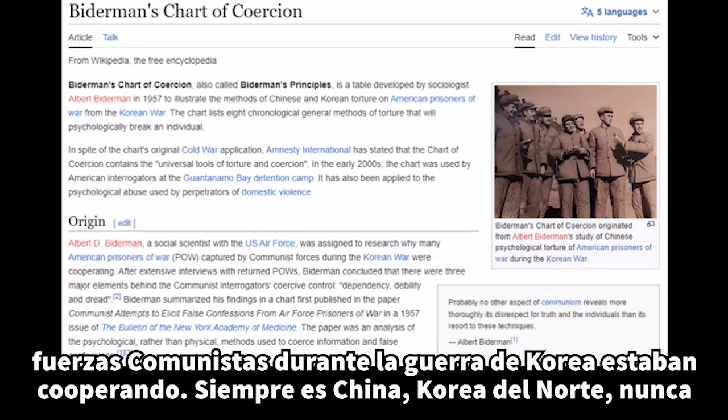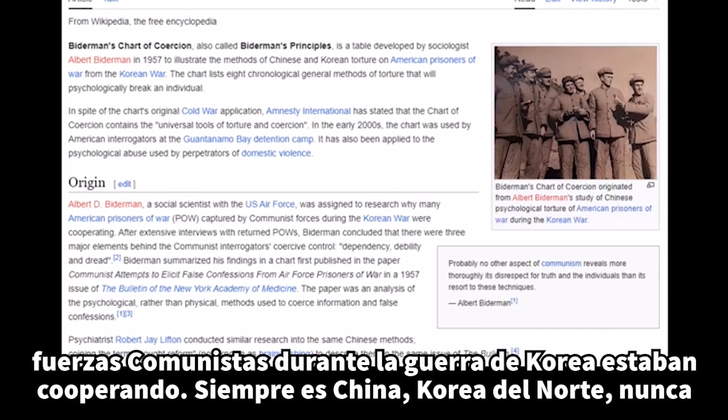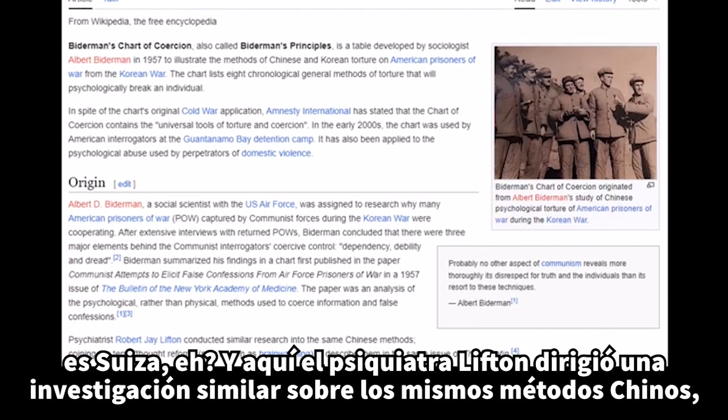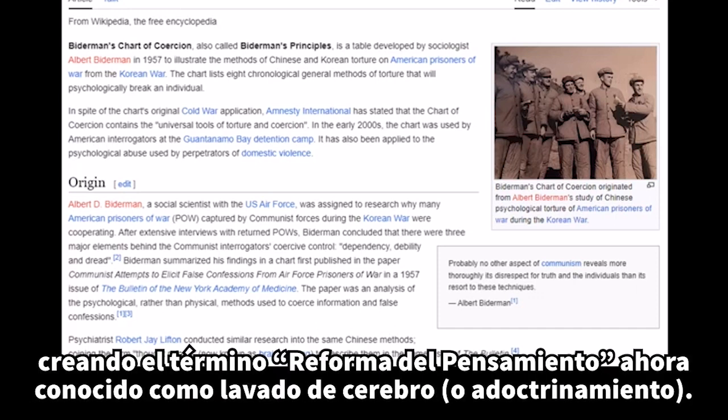It's always China, North Korea. It's never Switzerland, eh? And here, psychiatrist Lifton conducted similar research into the same Chinese method, coining the term thought reform, now known as brainwashing.